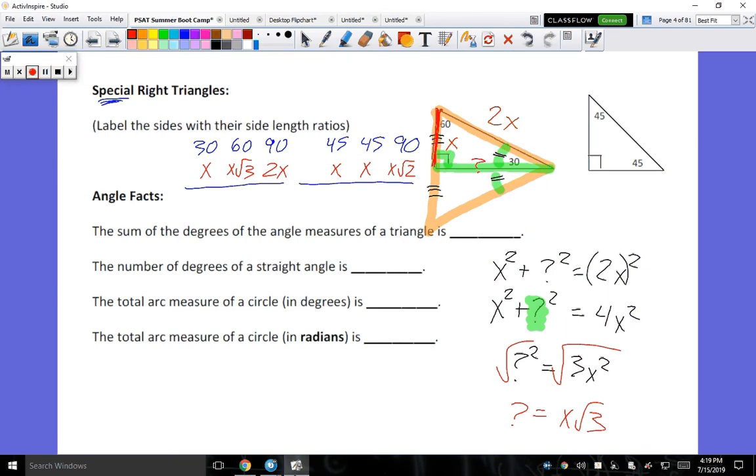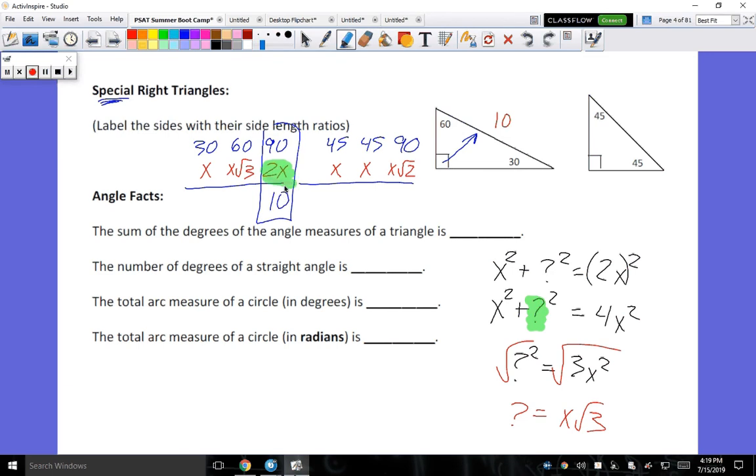Okay? Let me show you how to use these. Some people are going to use SOHCAHTOA and they're going to take forever. But if you can identify that they're 30, 60, 90 or 45, 45, 90 degree triangles, you can fly with this stuff. Let's say that the hypotenuse was 10. The hypotenuse is 10, which is across from 90. So in 90, I'm going to put 10.